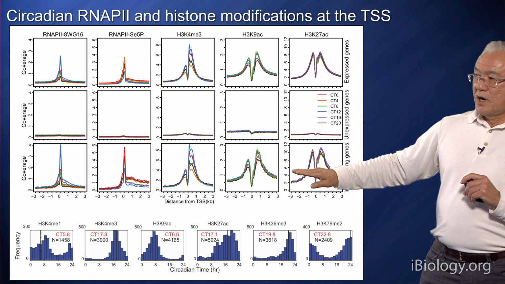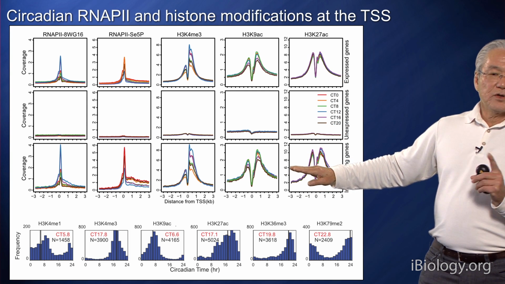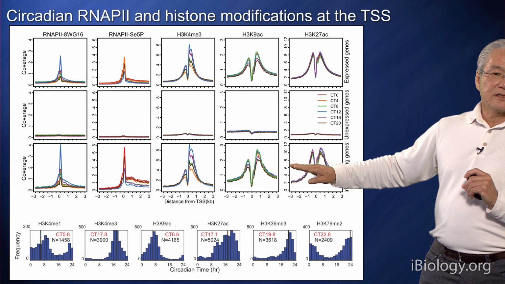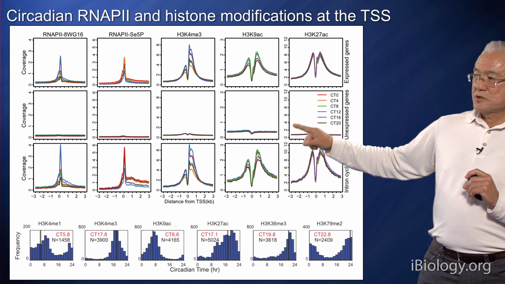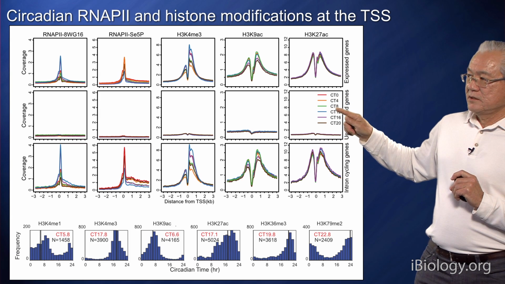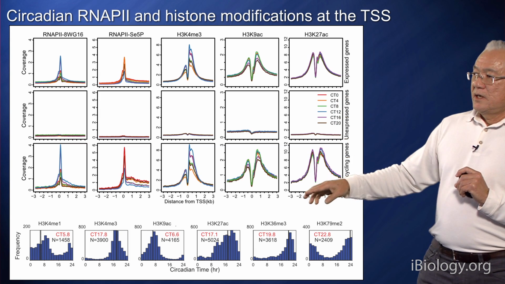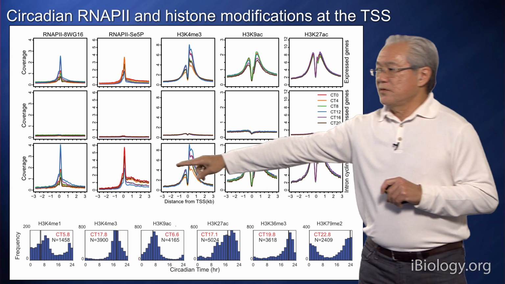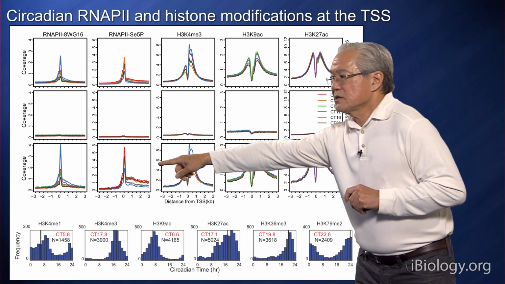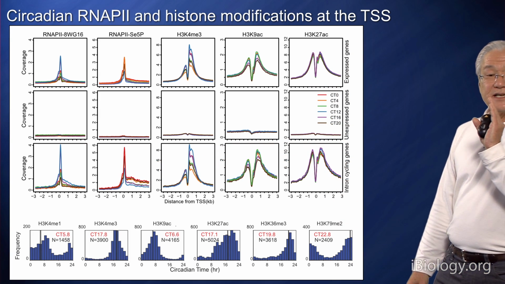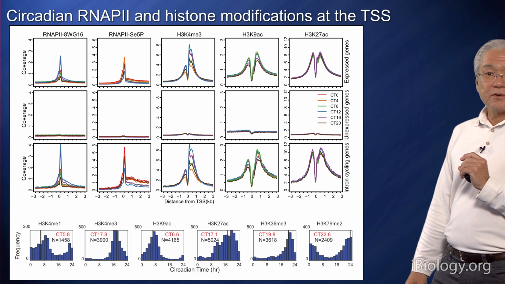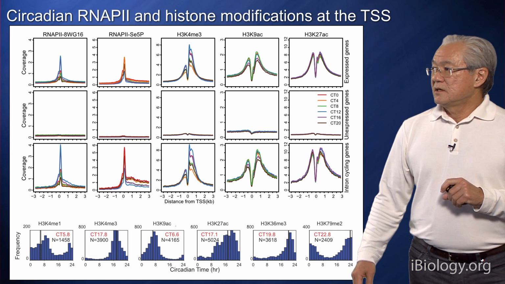And so here at the bottom are all the 1,400 intron cycling genes. And each color of the trace represents a different time of day. You can see here. And what you can see is both polymerase marks as well as these histone marks all are dynamic and cycling throughout the day.